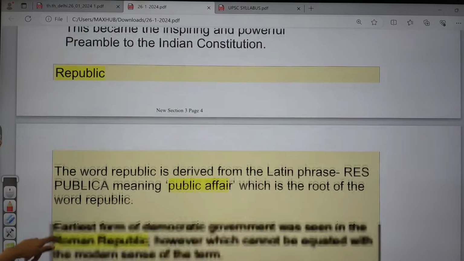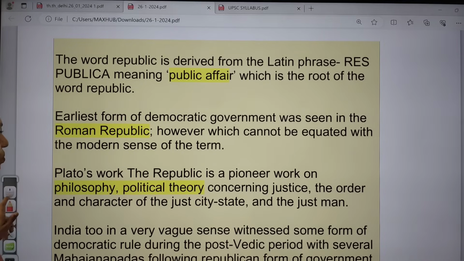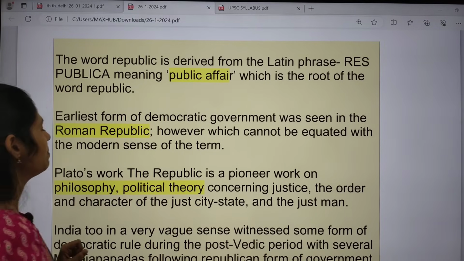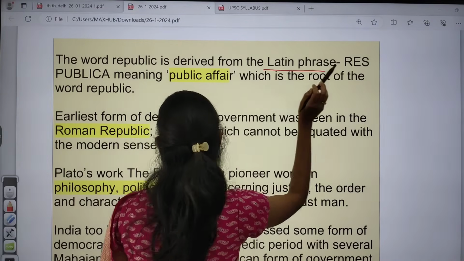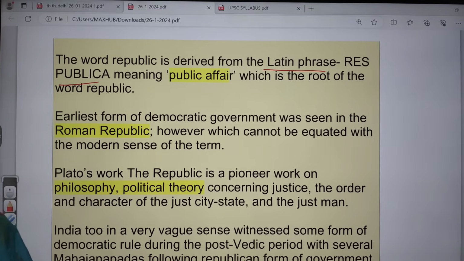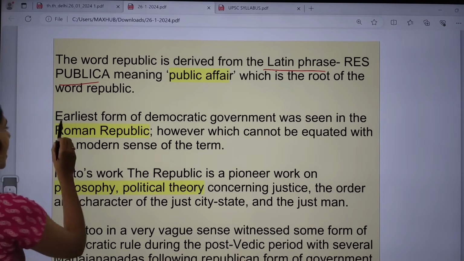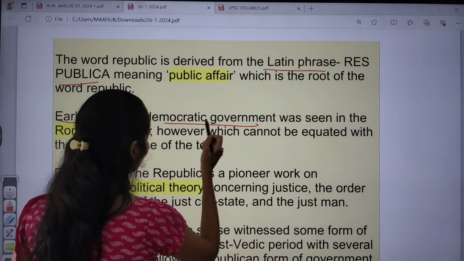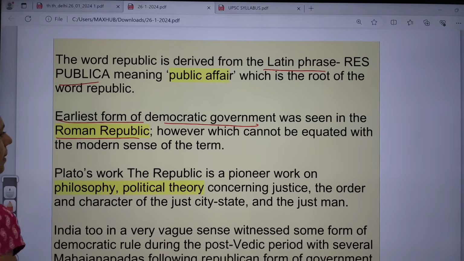We're talking about this word republic, which is derived from the Latin phrase res publica, which means nothing but public affair. It is the root word for republic. The earliest form of democratic government was seen in the Roman Republic.